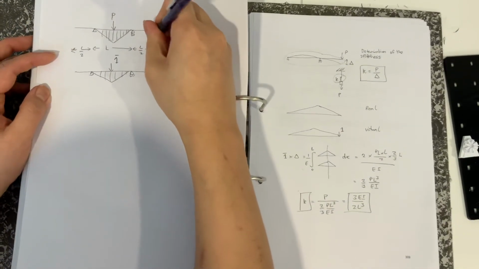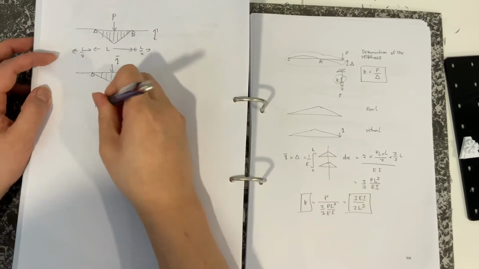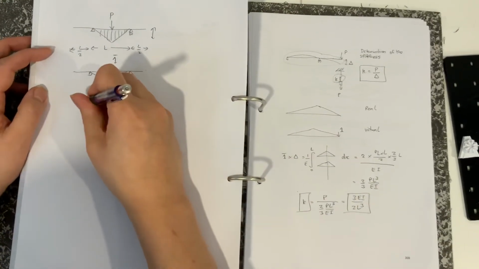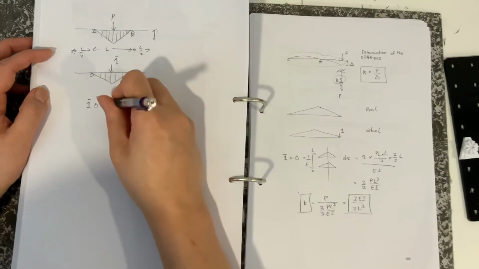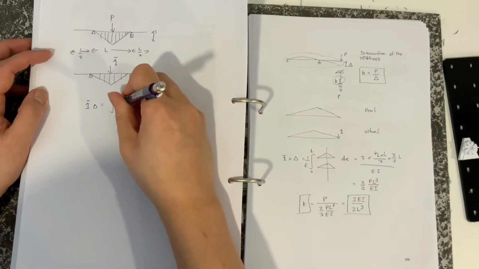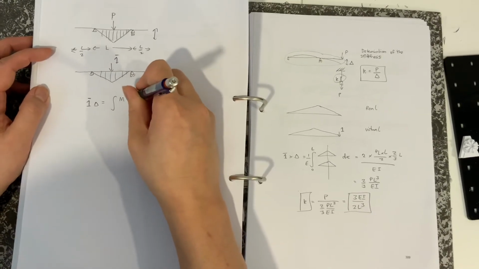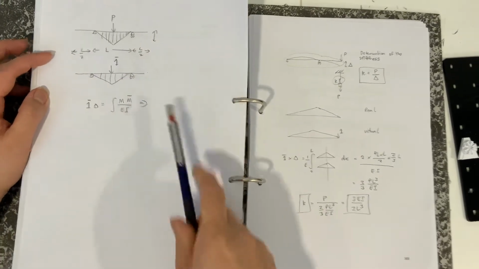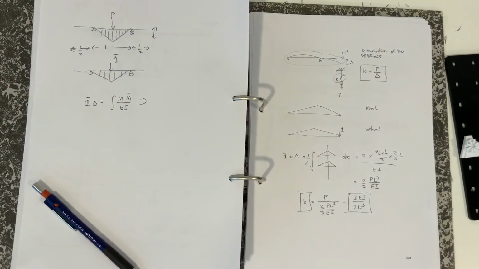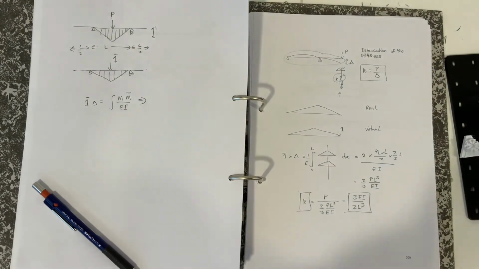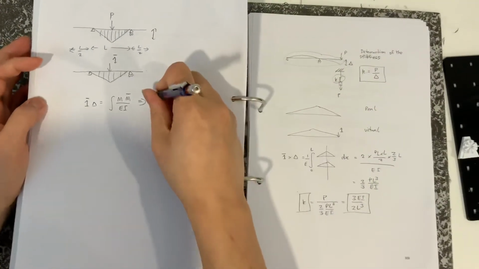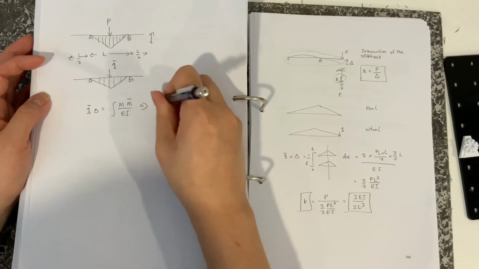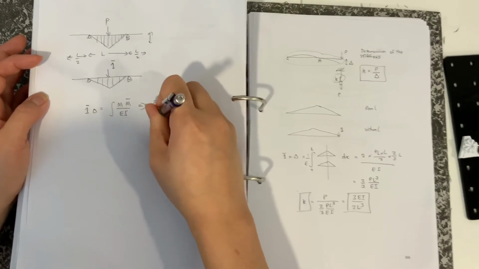Then of course to get the delta using the unit load method would be 1 times that is equal to the integral of m bar over EI, and that would end up as being delta is PL cubed over 48 EI.